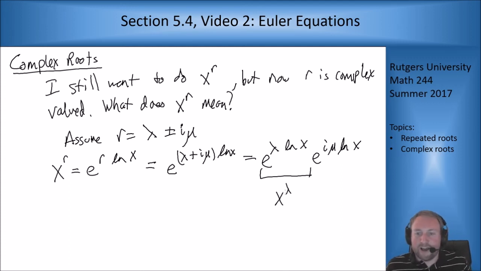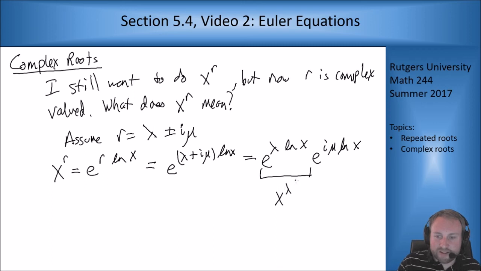The question is, what happens to the e to the i mu log x term? This is something I will talk about in the next video, and it becomes sines and cosines. This follows Euler's formula, which we'll talk about in that video as well. So this is cosine of mu ln x plus i sine of mu ln x.